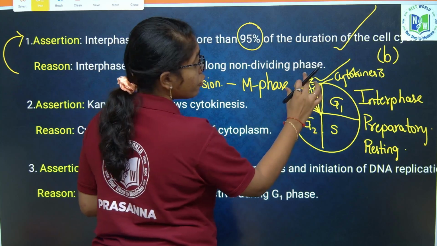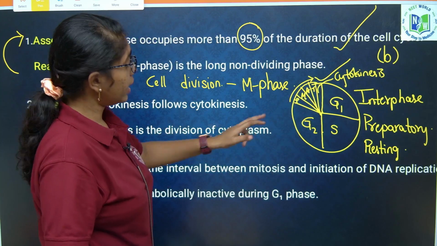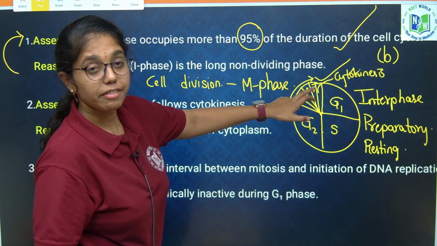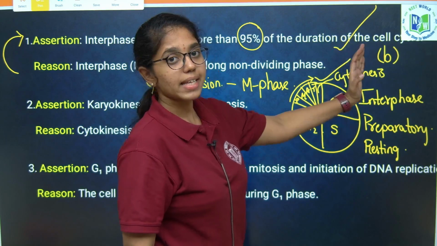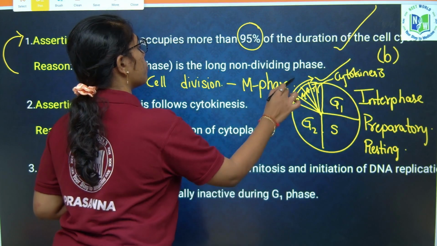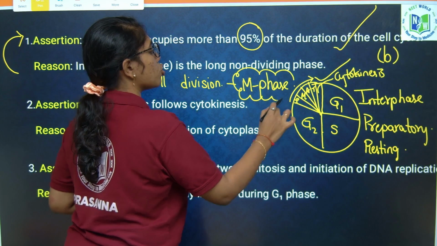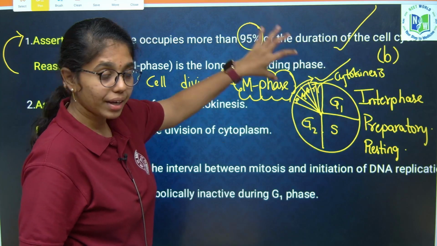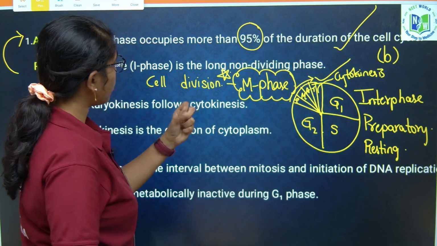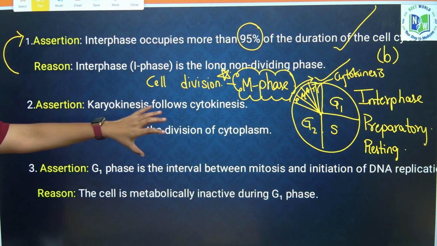Karyokinesis has 4 substages. What are they? Prophase, metaphase, anaphase and telophase. So karyokinesis is followed by cytokinesis in the M phase. So keep this in your mind. This is a very basic flow which you need to understand and fix in your mind. You can answer many questions if you keep that in your mind.